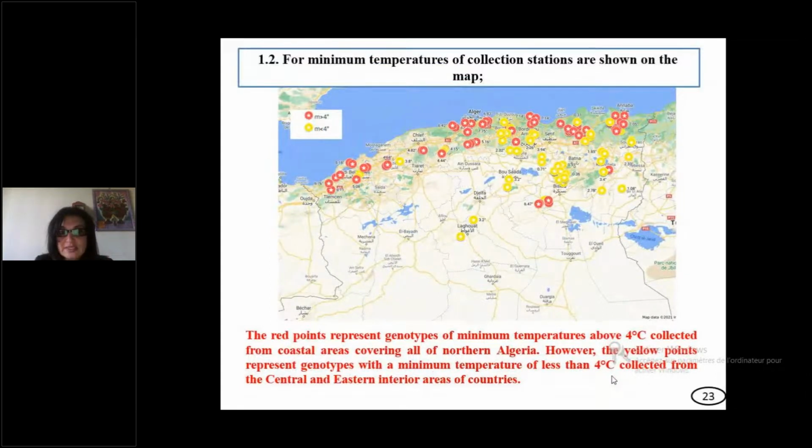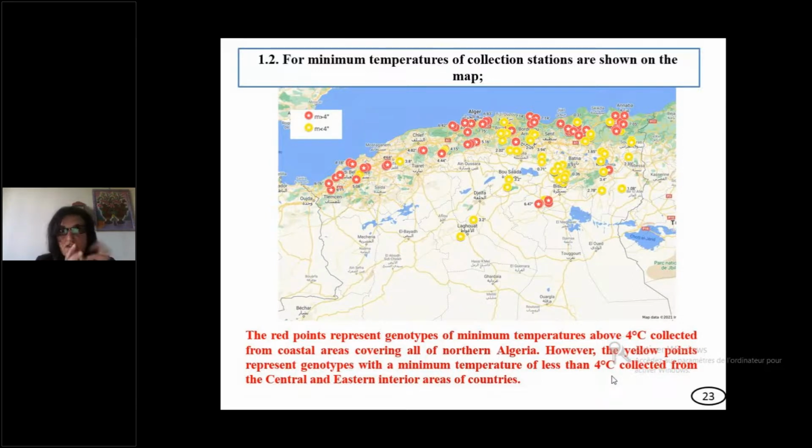The red points represent genotypes of minimum temperature above 4 degrees Celsius, collected from coastal areas covering all northern Algeria. However, the yellow points represent genotypes with a minimum temperature of less than 4 degrees Celsius, collected from the central and eastern interior areas of the country.